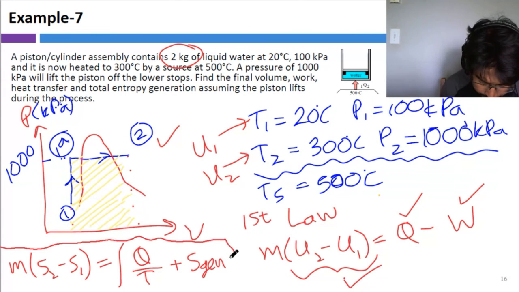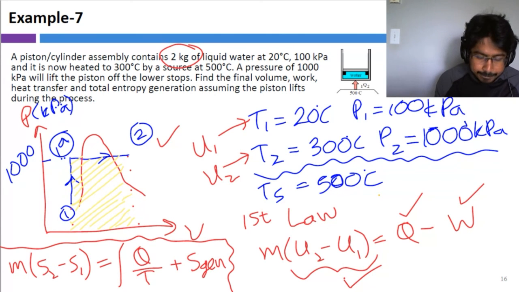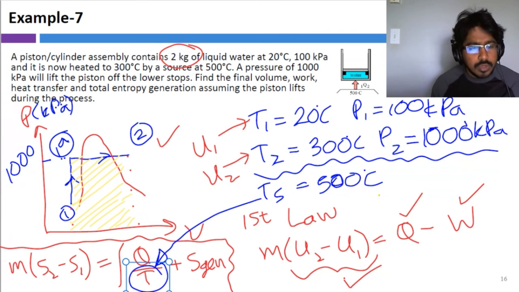As this is a closed system, there's no mass going in or out. Therefore, there's no need to account for that entropy because there's no mass transfer, right? And the temperature that we plug here is going to be the source temperature, right? So then we get the total entropy generation during this process.